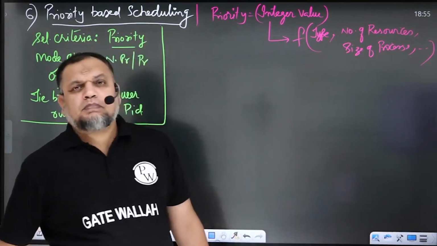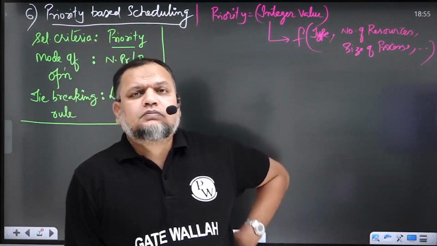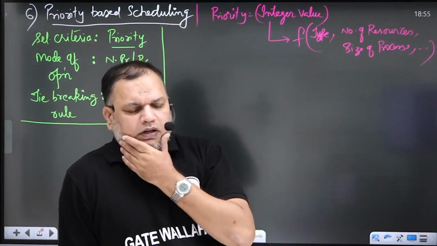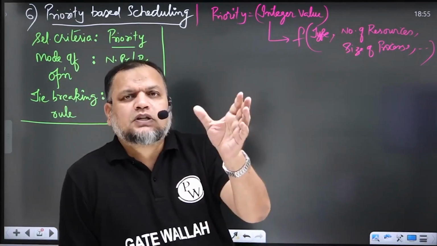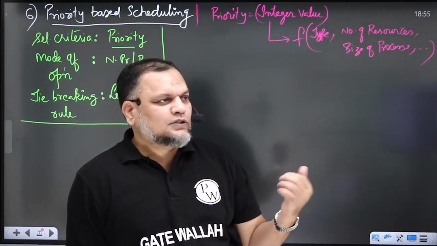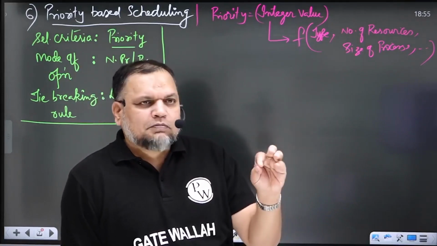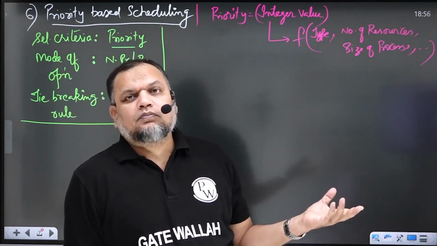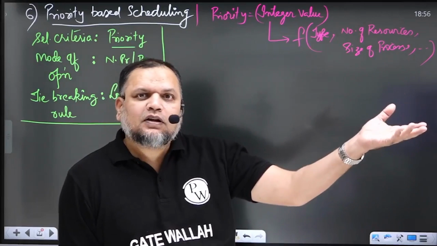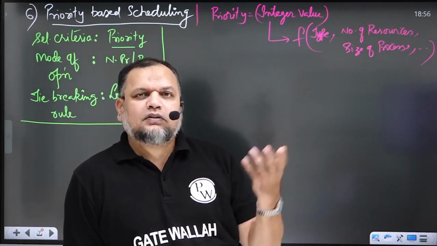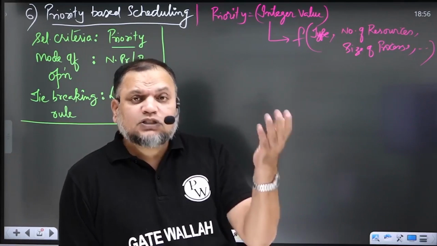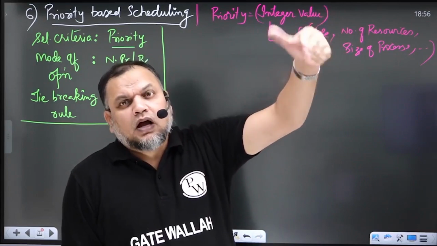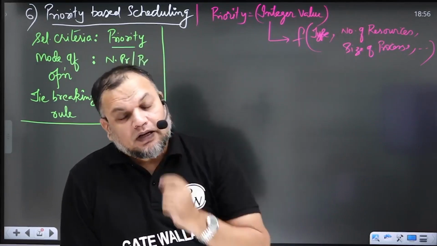So by taking different parameters, the operating system scheduler would compute the priority by giving weightages to these parameters. Meaning, for type of process, an OS process will have high priority, a user process low priority; an interactive process high priority, a background backup process low priority; a faculty process high priority, a student process low priority. Then size of process: if the process is large, a long process, low priority; a short process, high priority.